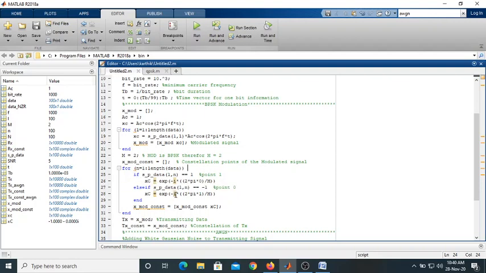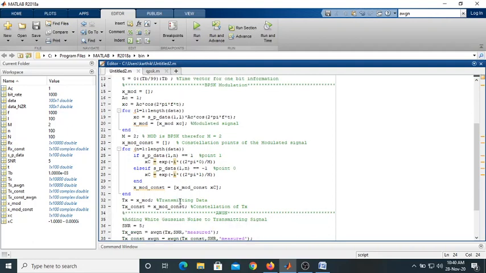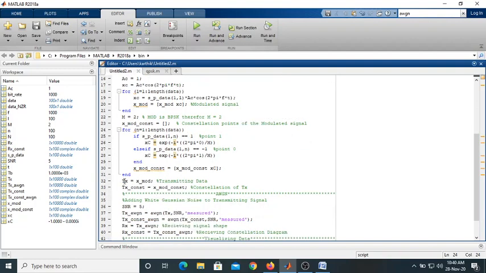Here i is nothing but j, the imaginary variable. So this is minus 1. Now, we are storing the signal vectors in this x mod constant. Now, we transmit this x mod.